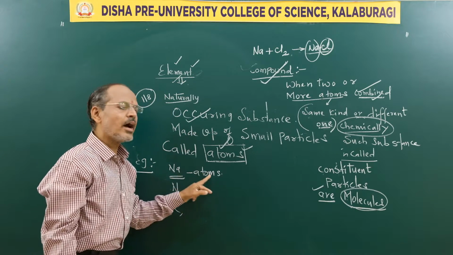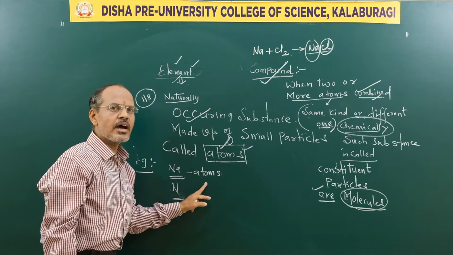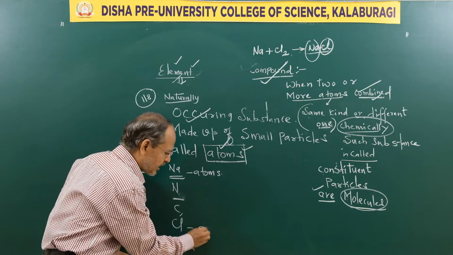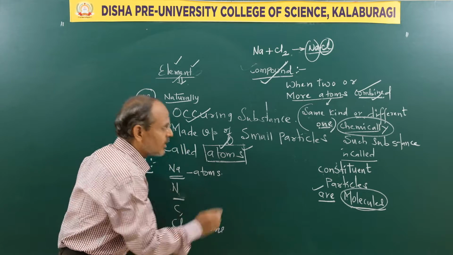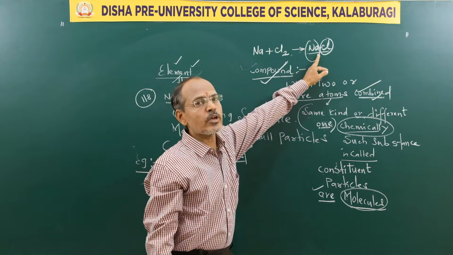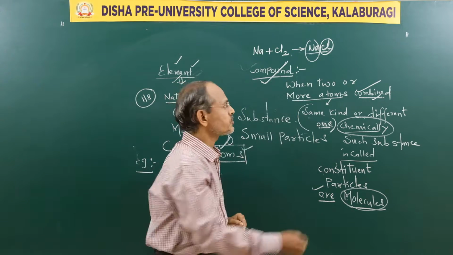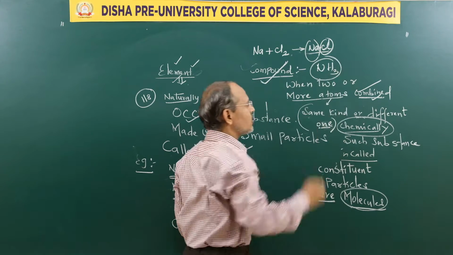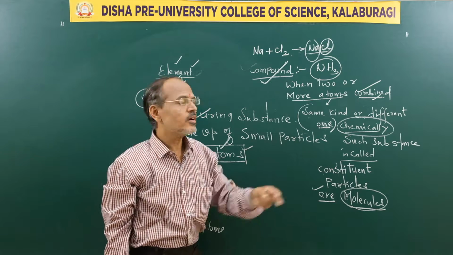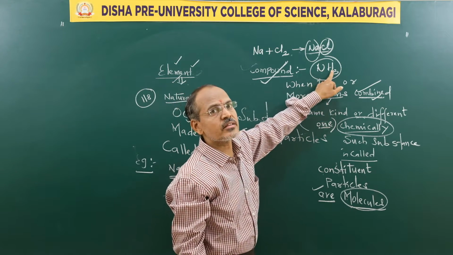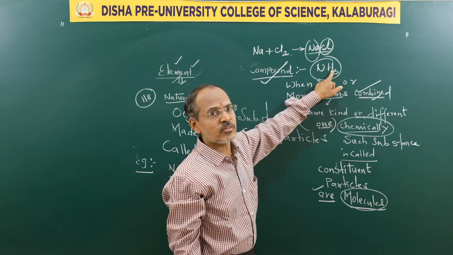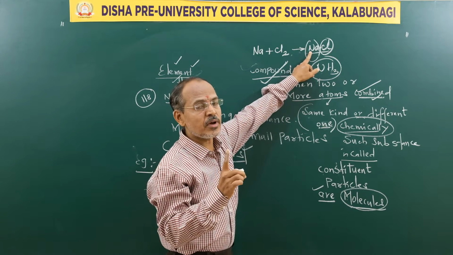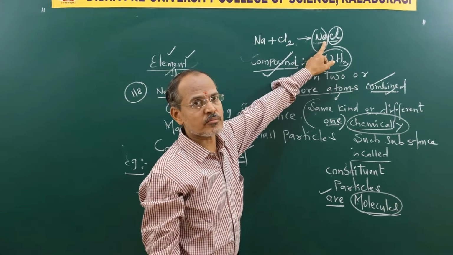Here we say sodium atom, nitrogen atom, carbon atom, chlorine atom, like that. Here I can say sodium chloride molecule, NH3 ammonia molecule because it is made up of one nitrogen and three hydrogen atoms. Sodium chloride is made up of one sodium atom and one chlorine atom.